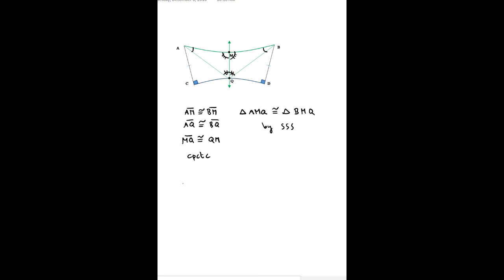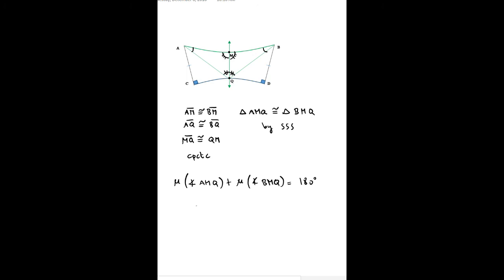So we have that the measure of angle AMQ plus the measure of angle BMQ is equal to 180 degrees.